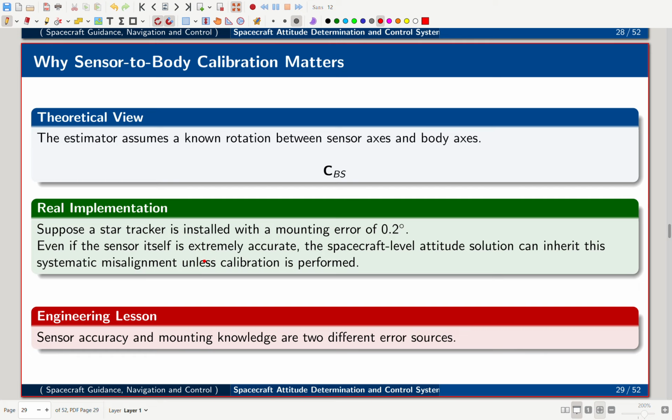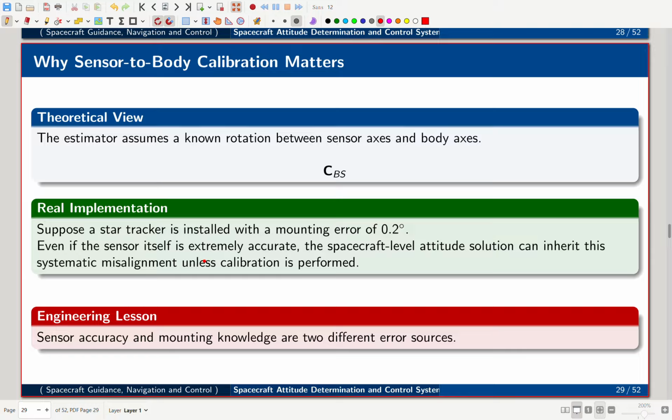So why does sensor-to-body calibration matter? From the theoretical point of view, the estimator assumes no rotation between the sensor axes and body axes. In a real implementation, suppose a star tracker is installed with a mounting error of 0.2 degrees.